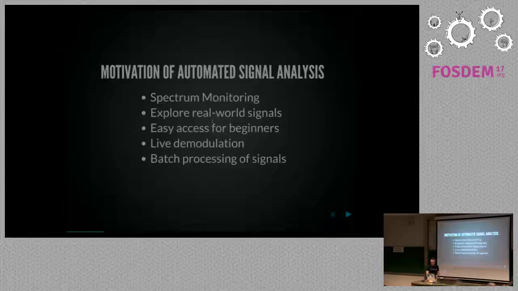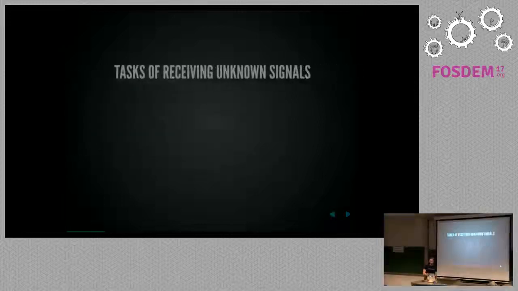So okay, what do we have to do if we want to receive unknown signals? First off, we have to detect them. So the question is, where is the signal located in the spectrum and what's its bandwidth? If we have done that, we need to mix it down into a complex baseband, and then we would do something like filter it, decimate it, to be able to handle the amount of samples.